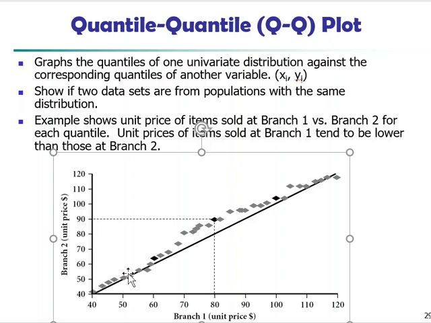Because if the plot creates a straight line, we know that the distribution of the unit price from branch 2 is the same as the distribution that's given, which is normal. So that's probably the second and probably more often used application of Quantile Plot.